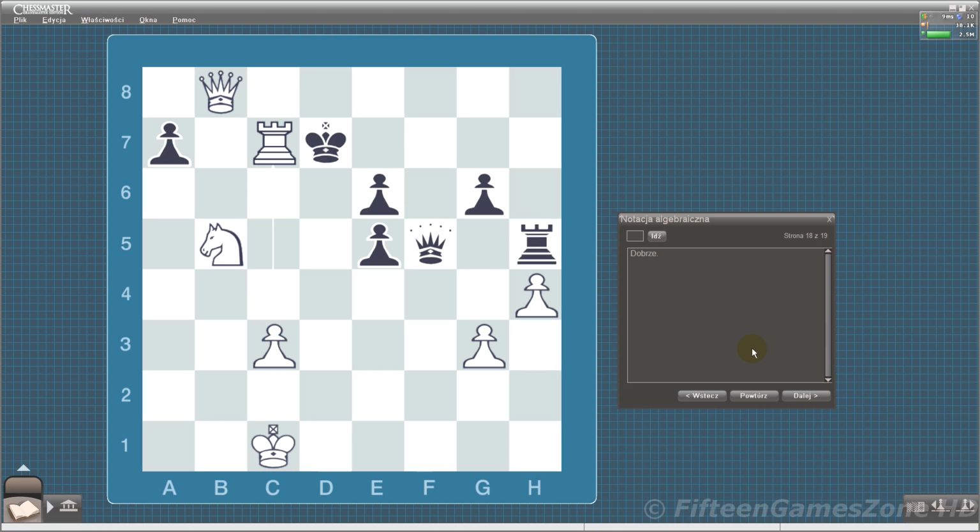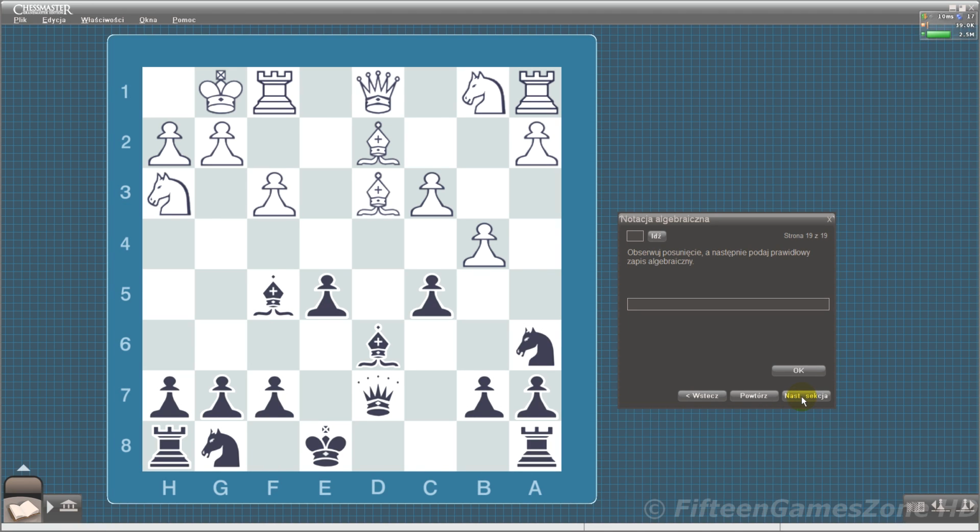Correct. Watch the move and then type in the correct algebraic notation. Correct.